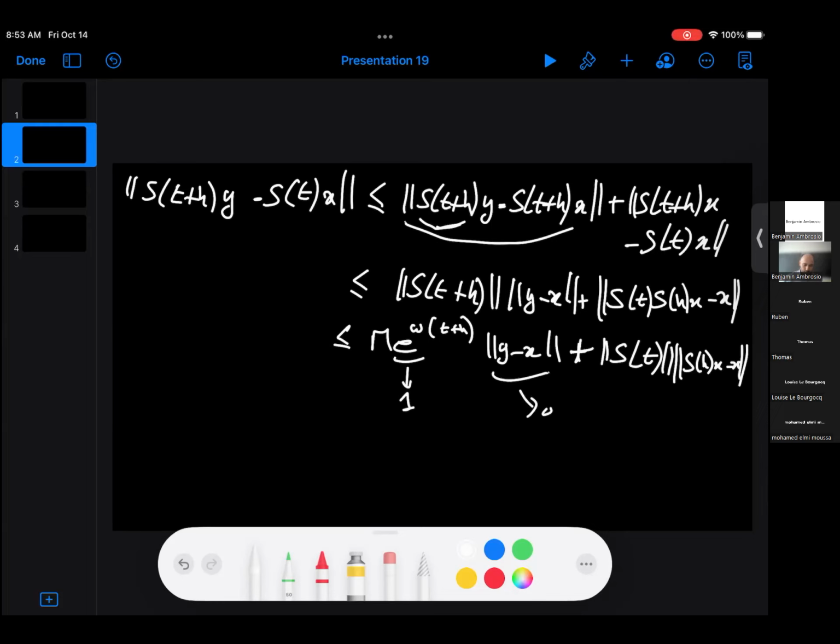So this is bounded, and this converges to 0 by definition of a C0 semigroup. So finally, that's it. This converges to 0 as HY converges to 0 plus X.